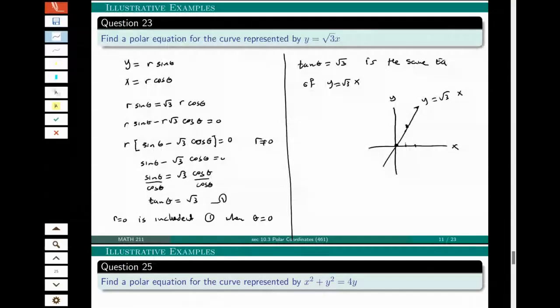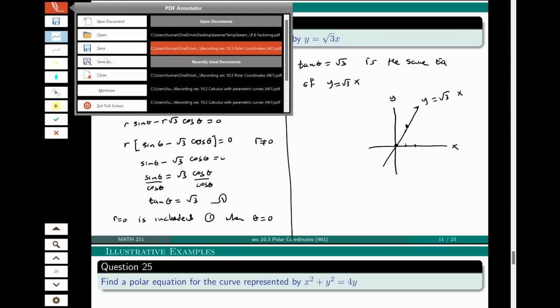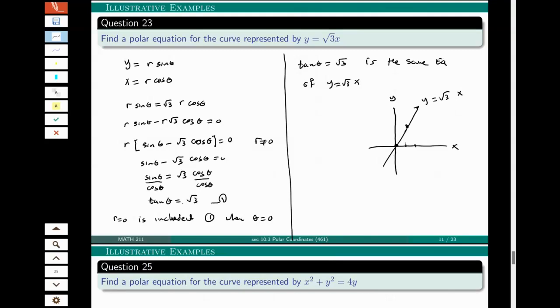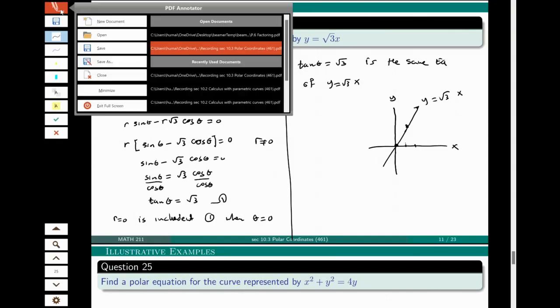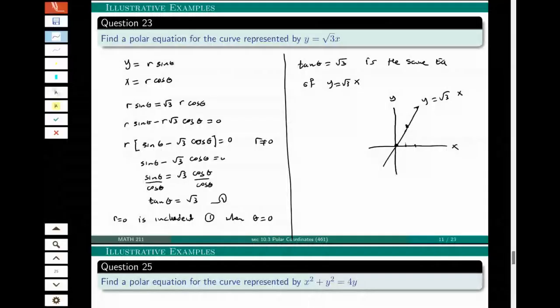We said tan theta is equal to root 3. When we say tan theta is equal to root 3, we need to find what's theta, to find the polar coordinate. So what's theta if tan theta is equal to root 3?